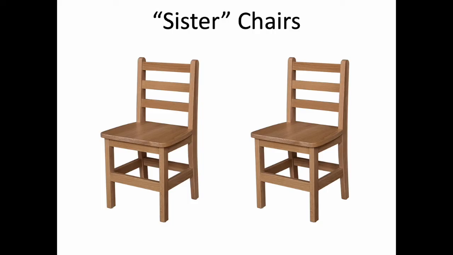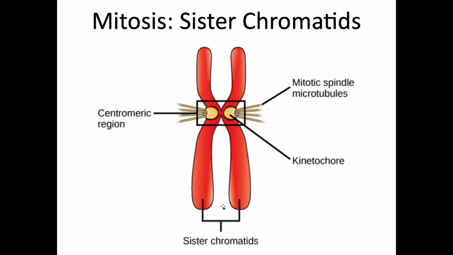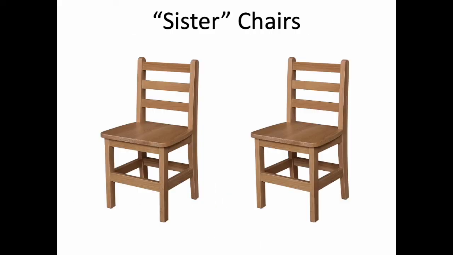These are sister chairs. These 2 chairs are exactly the same. No differences at all. Just like these 2 sister chromatids, they just went through DNA replication. Sister chairs are exactly the same. Sister chromatids are exactly the same.